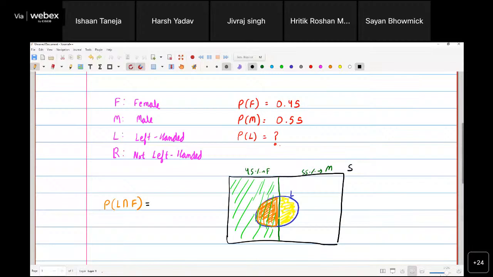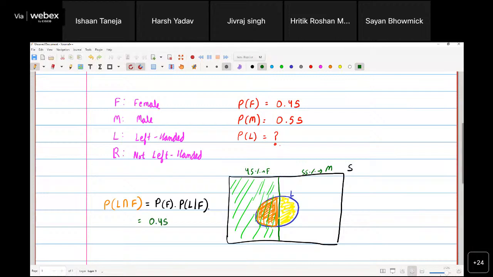So can we find it by using the multiplication rule? Can I write this intersection as this? Yes, sir, why not? But what about this L given F? Do I know this information? L given F. Probability of female, we know.